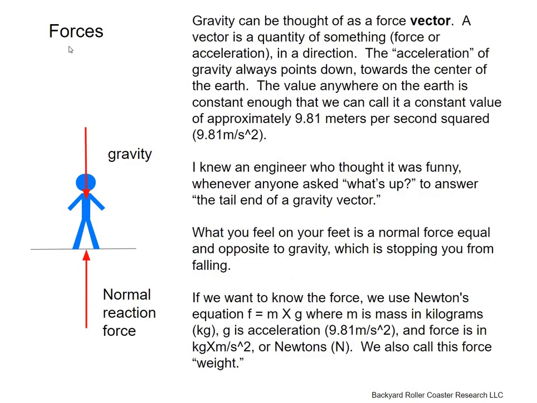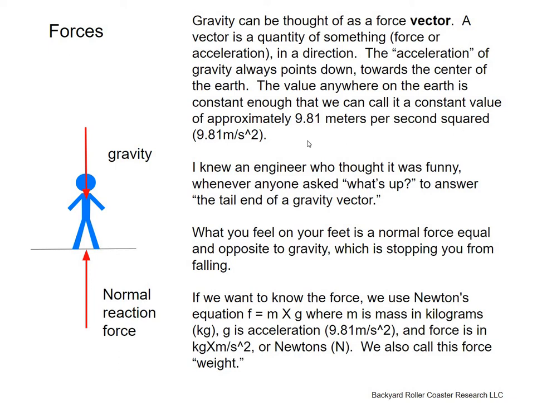So gravity is a force vector. A vector is a quantity of force, and it's got a direction. Okay, for our purposes, it's just in a 2D plane, so we can draw it. This always points toward the center of the Earth when you're on the Earth, and it has a constant value of 9.81 meters per second squared.